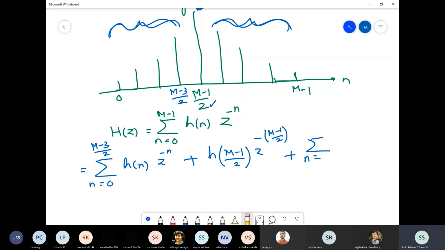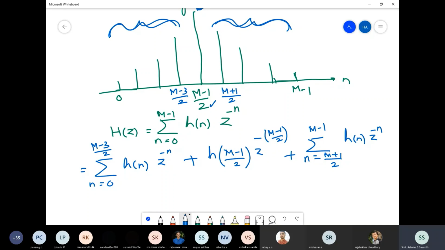So this sample will be m plus 1 whole divided by 2. So here the limits will be from m plus 1 by 2 to m minus 1. H of n z to the power minus n.